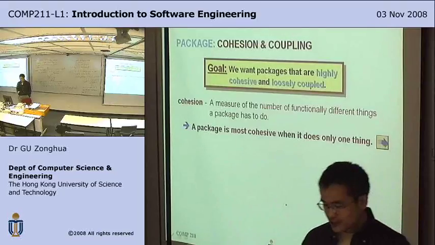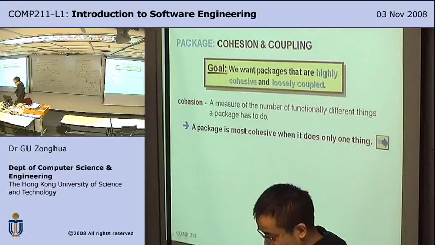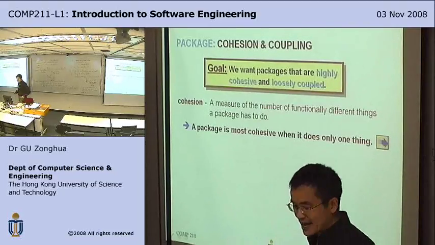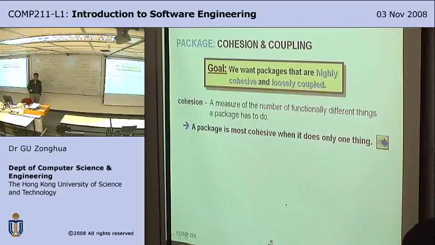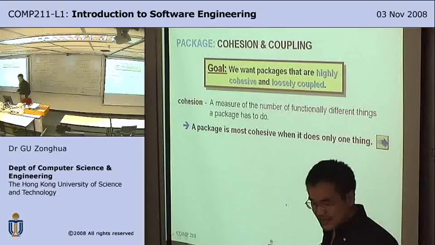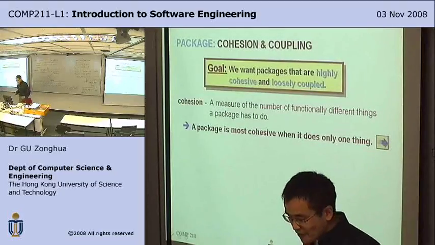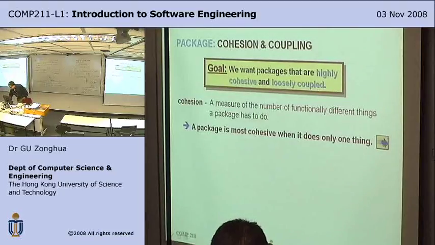Cohesion is a measure of the number of functionally different things a package has to do. So a package is most cohesive when it does only one thing.